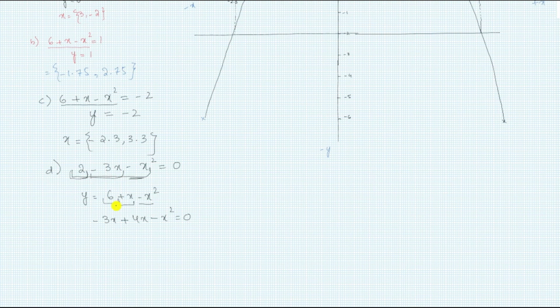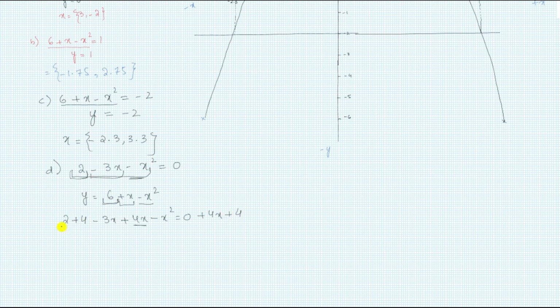But if we have added plus 4x, we cannot do this on the left hand side only. We have to do the same operation on the right hand side also. So if we are adding positive 4x on the left hand side, we will add the same value on the right hand side also. Then we have discussed that if we have 2 on the left hand side, how can we make it 6? We will add 4 to this. So if we add plus 4 here, the same value we will add on the right hand side also.